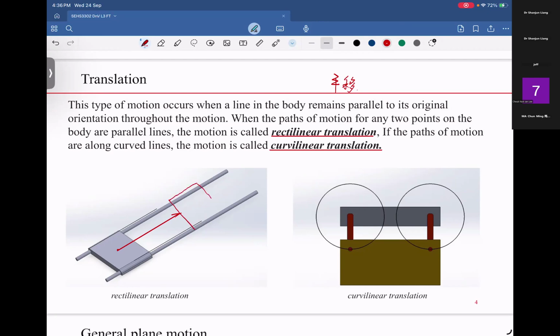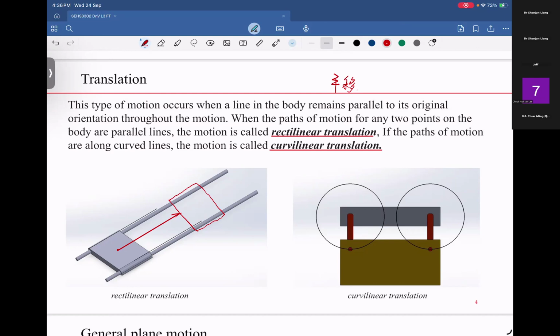This board comes to here, and we call this a rectilinear translation. So what is the property or characteristic of translation?